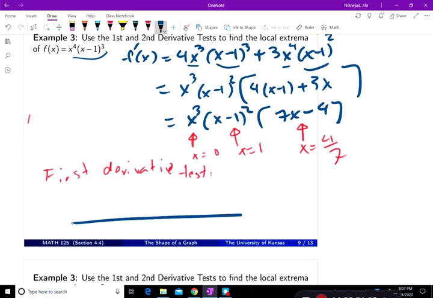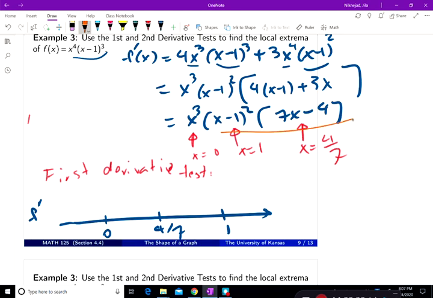How do we do that? You draw the number line and put in all the critical numbers in the order that they go. 4 over 7 is less than 1, bigger than 0, so it goes over here. You're evaluating f prime, finding the signs for f prime. Let's see.